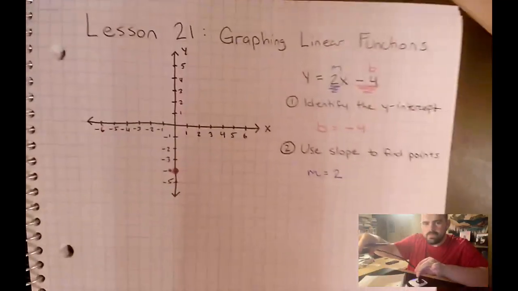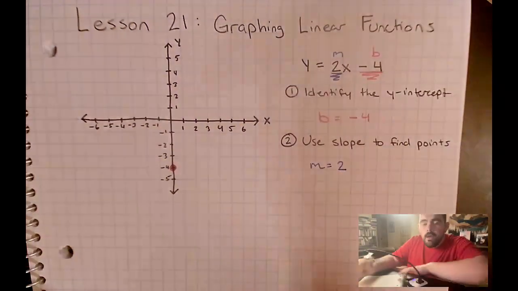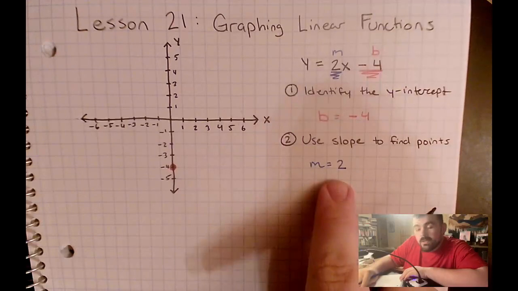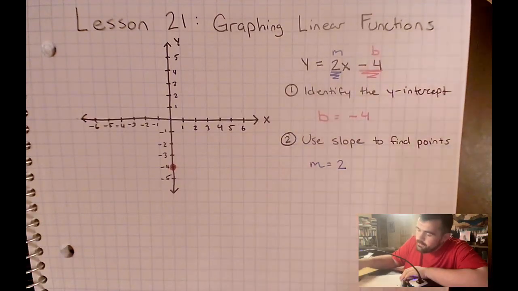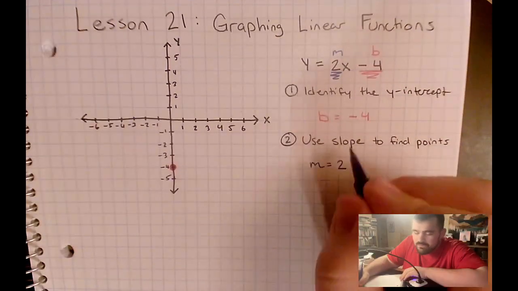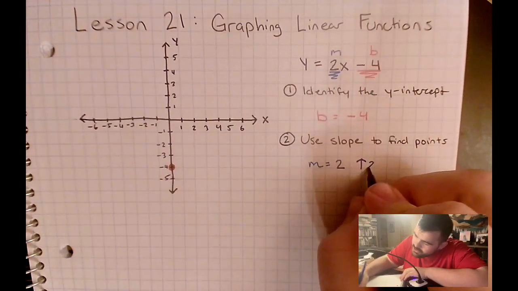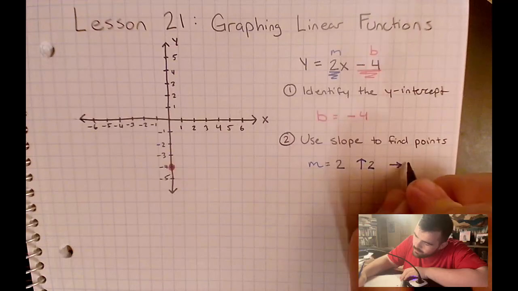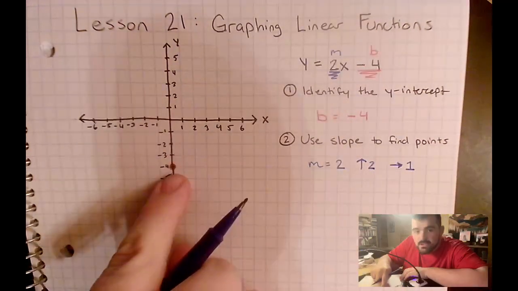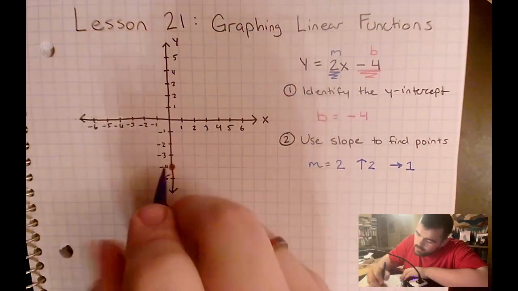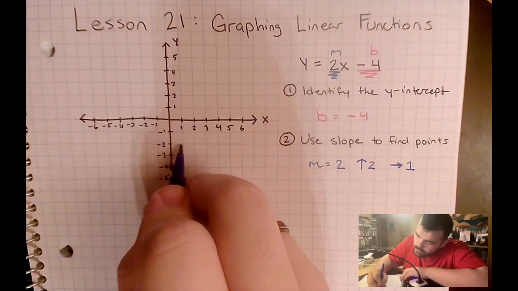Let me zoom this in just a skosh. Maybe that'll help. With a slope of 2, that's a positive 2. This is telling us the directions of the steps we need to take. We're going to go up 2 steps and right 1 step. So starting at the y-intercept, count up 2 and right 1.